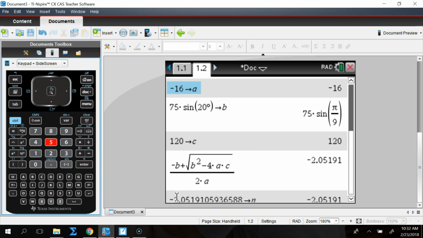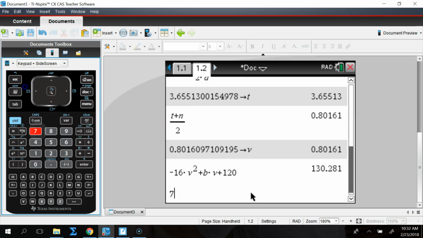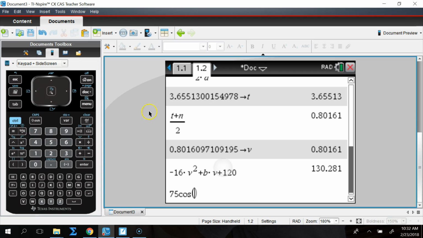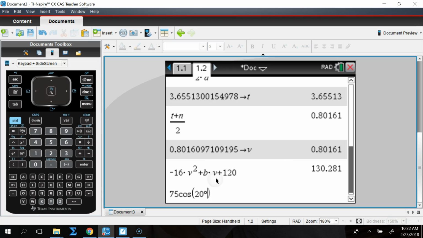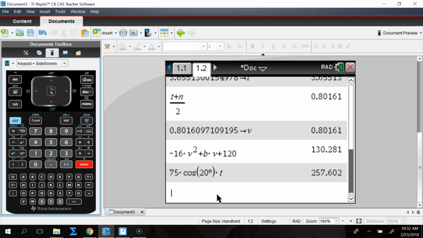Unfortunately, 75 times the cosine of 20 degrees times, the only thing I've got stored in here is my t value, and that gives me 257.602 feet out.